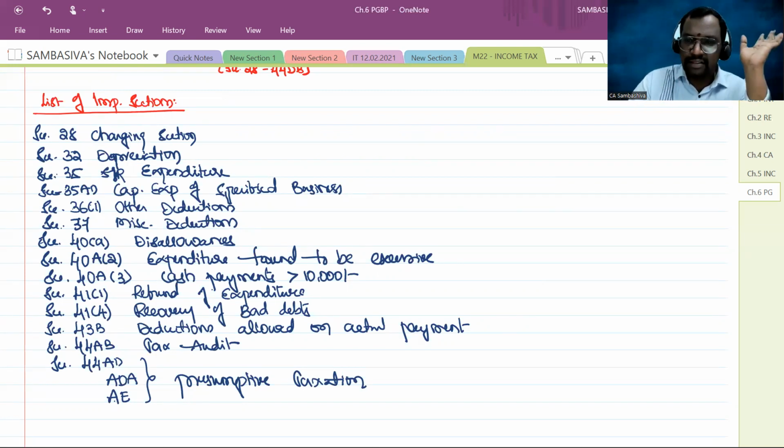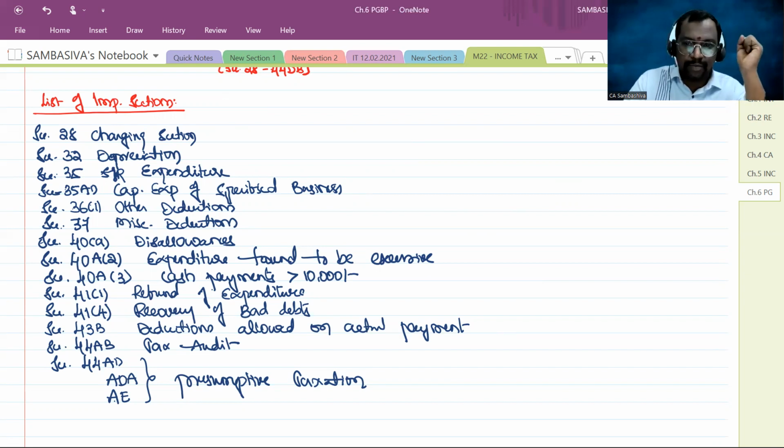Then 36(1) other deductions, 37 miscellaneous deductions, 40(a) disallowances. In 40(a), the most important sections are 40(a)(i), disallowances with respect to non-resident payments, and 40(a)(ia), disallowances with respect to resident payments. Then 40A(2), expenditure found to be excessive, and 40A(3), cash payments greater than 10,000.